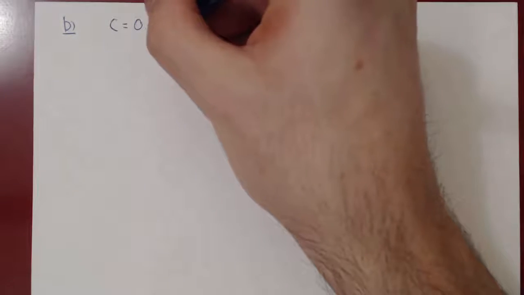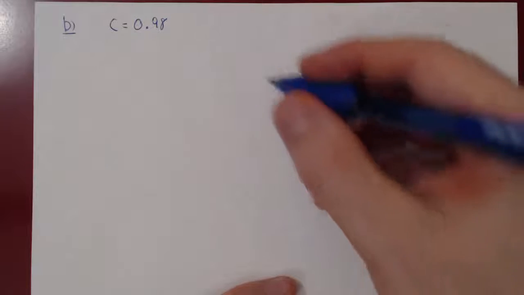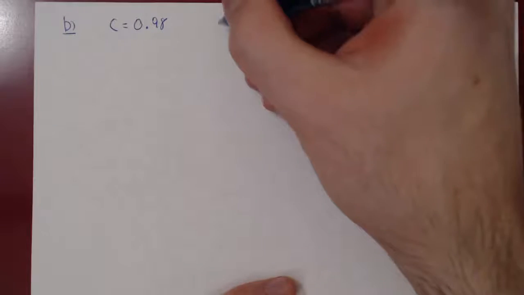So again, we have 98% confidence. So 0.98 is our confidence level. Let us write our statistic.